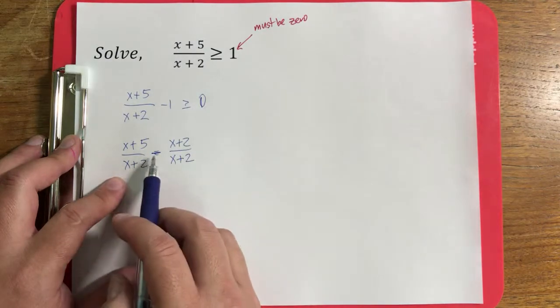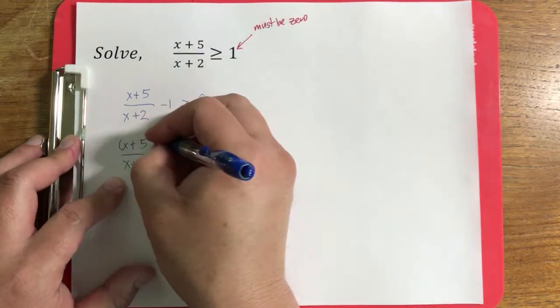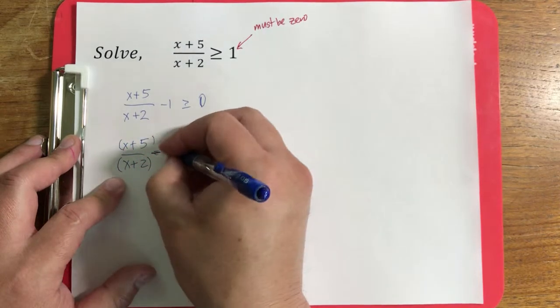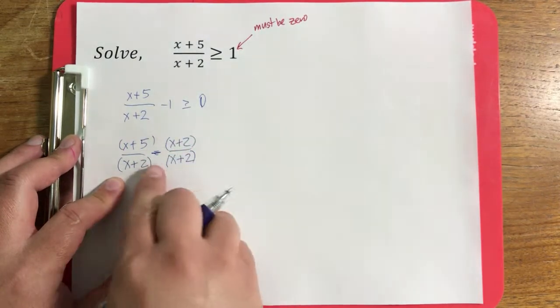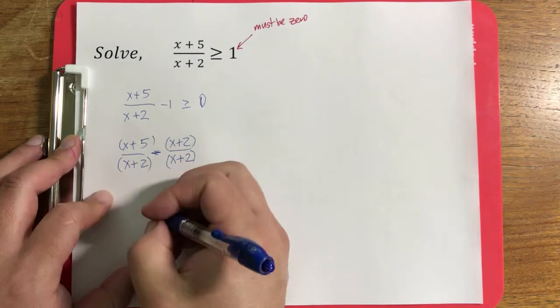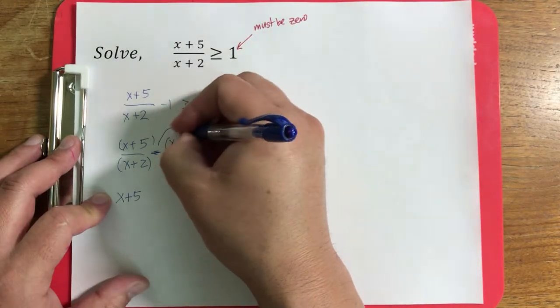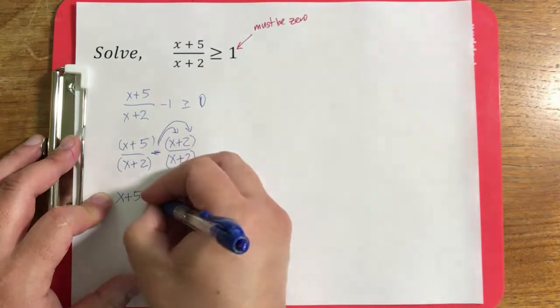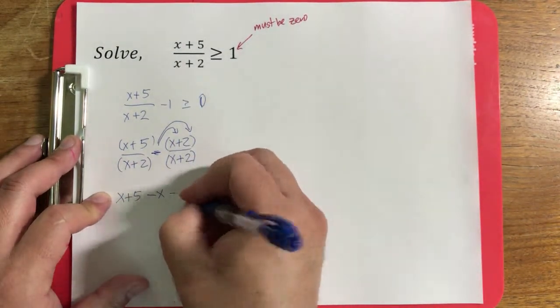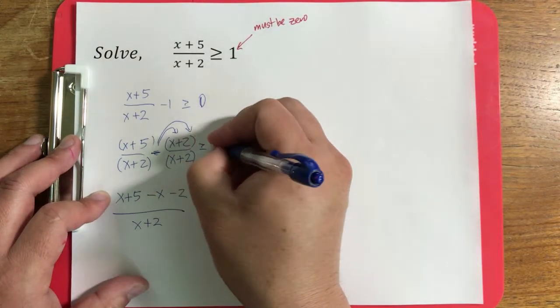And you can see that this is equal to 1. Now be careful, even though there's no parentheses there, there's a parentheses there. So you will end up distributing that negative on top. So this will give us x plus 5, and then if we distribute that negative, minus x minus 2 over x plus 2, and these are all greater than or equal to 0.